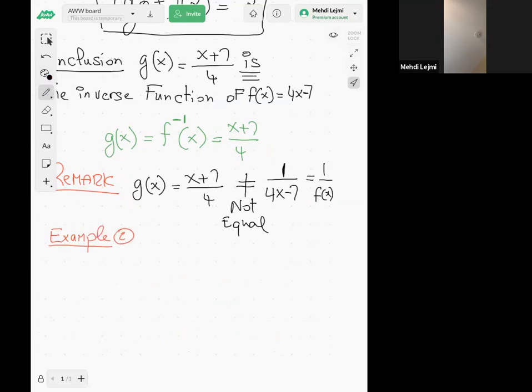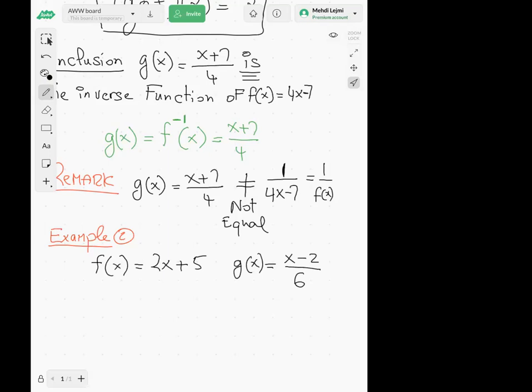So let's say f of x is 2x plus 5, and g of x is x minus 2 over 6, all right?